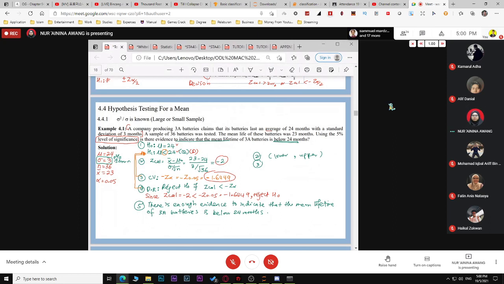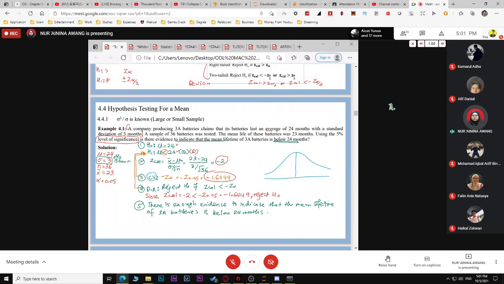Okay. And then lagi satu, kalau you confuse, okay, untuk you punya decision tu, sama ada you nak reject or fail to reject you punya H null, okay, you can draw the distribution, okay. But there is no marks for this distribution. So we know that our critical value is the value that divide your rejection region and non-rejection region. So in this case, our critical value is negative 1.6449.